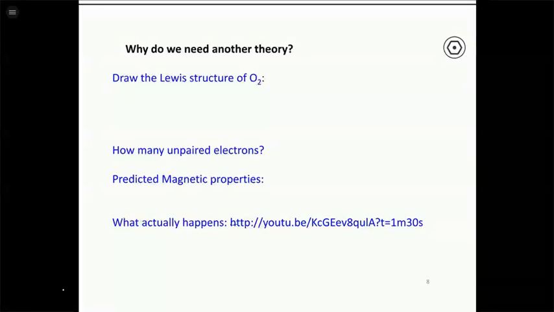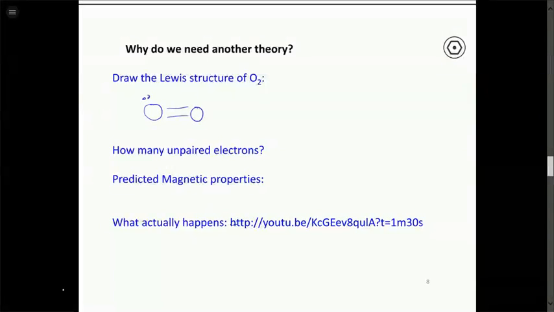If we draw the Lewis structure of O2, what you would get is this structure here. Each oxygen contributes 6 valence electrons, and when you complete the octets, you get a double bond and 2 lone pairs for each oxygen. So a pretty simple Lewis structure for us to draw. We would predict from valence bond theory that it has a sigma and a pi.